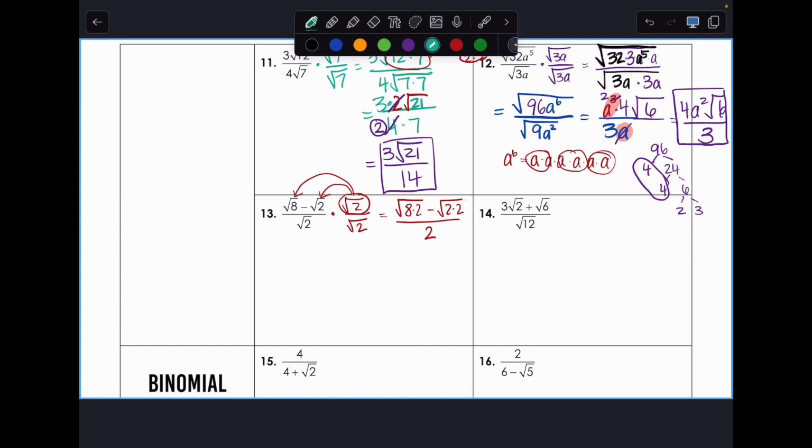And then let's start simplifying. This one's easy to simplify. Square root of 2 times 2 is 2, right? Over 2. And then square root of 8 times 2 is 16, right? Square root of 16 is 4 minus 2 is going to be 2 over 2, which is 1. Done.